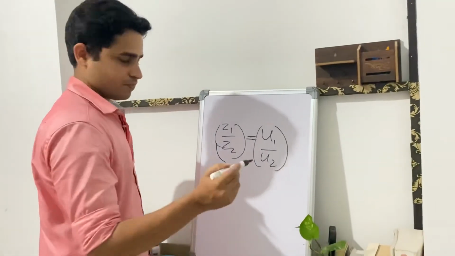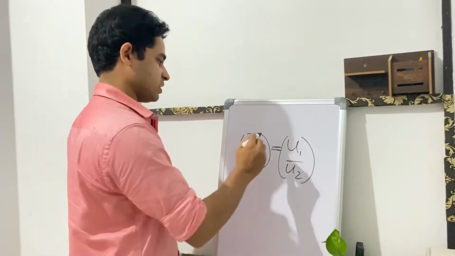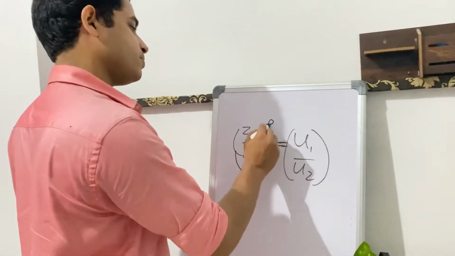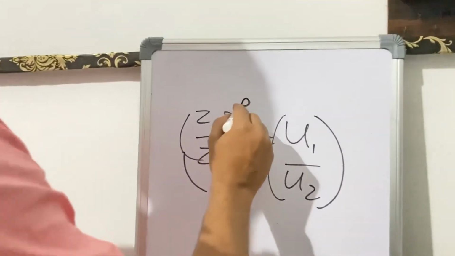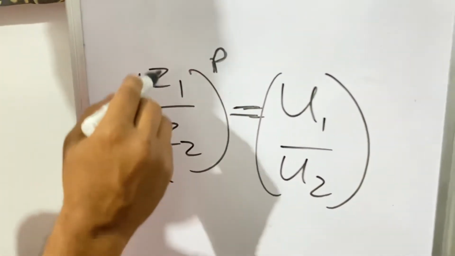In this, there is a dimensionless factor known as P, which we normally put as a superscript for Z1 and Z2.